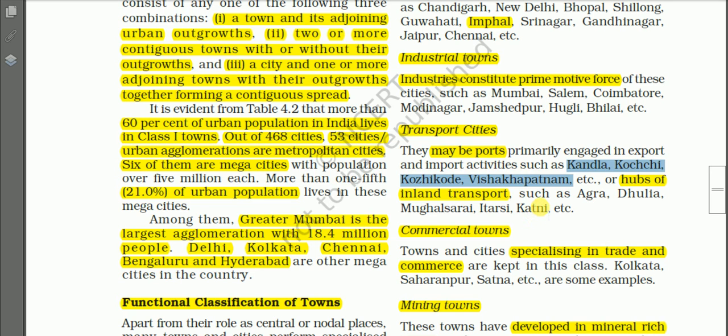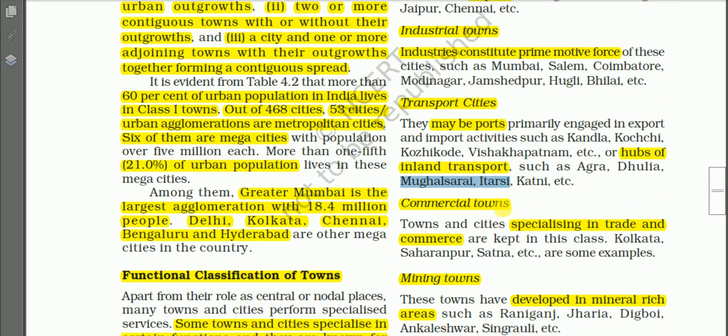Or transport cities may be hubs of inland transport, junctions of railways and highways. We have examples of hubs of inland transport like Agra, Dhulia, Mughal Sarai, Itarsi, Katni. Mughal Sarai and Itarsi are famous railway junctions.